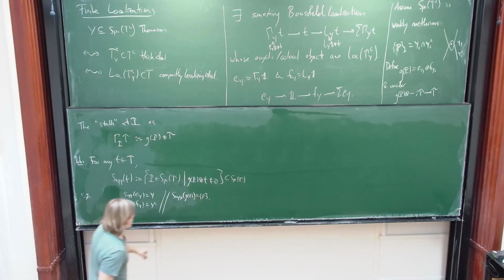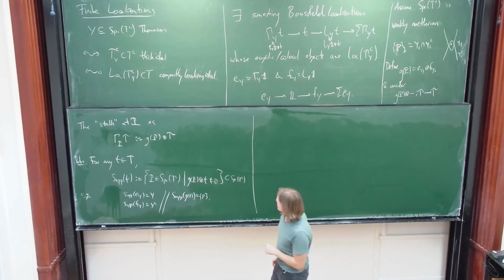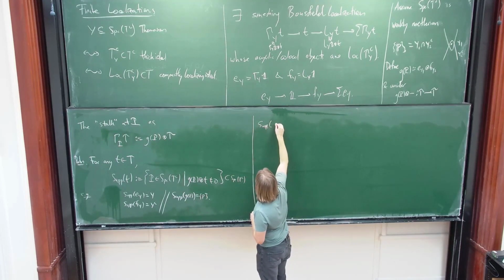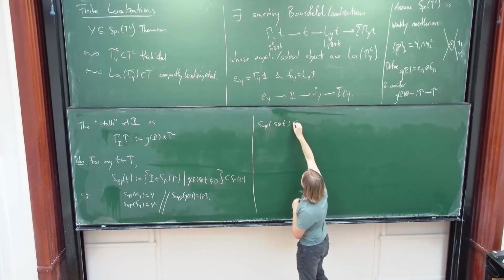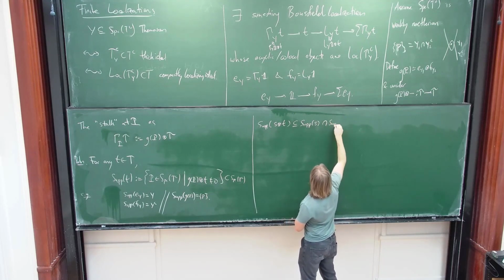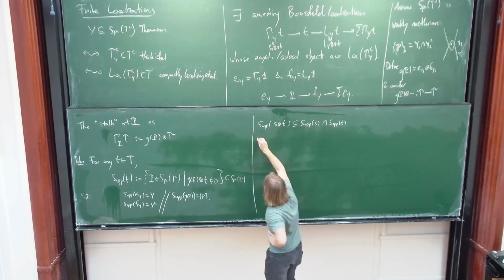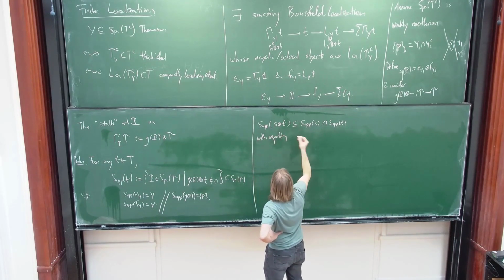Oh yeah, maybe another thing is that if you take the support of the tensor product of two objects, this is always contained in the intersection of the supports, with equality in some circumstances.